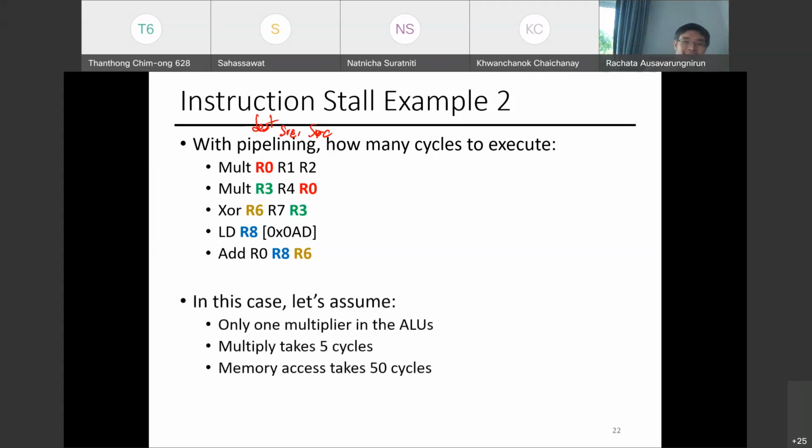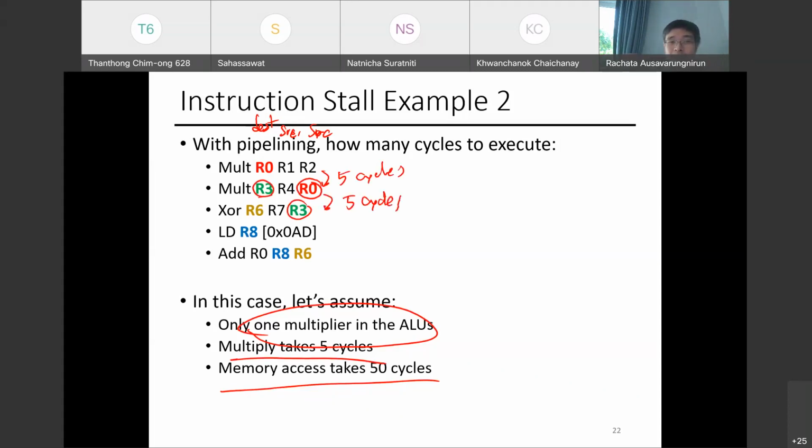So in this case, let's assume you have one multiplier and multiply takes 5 cycles. Memory access takes 50, right? So before this part and this part, I have to wait 5 cycles before I know what is R0. Over here, also another 5 cycles until I know the result of R3.